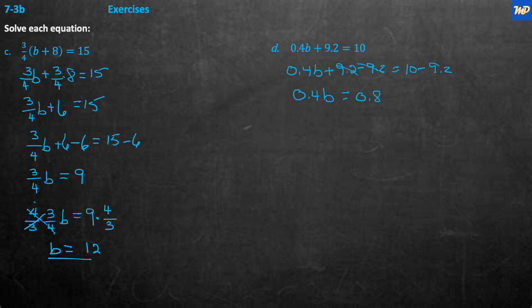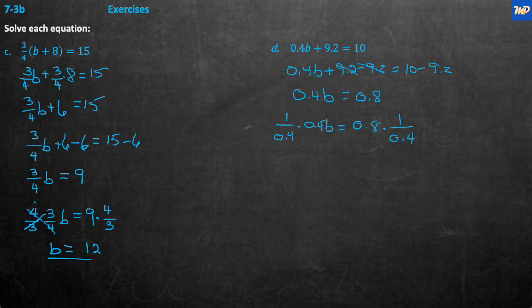Okay, so now we're going to get rid of the 0.4 associated with the B by multiplying by its inverse. The inverse of 0.4 is 1 over 0.4. So 0.4B is equal to 0.8 times 1 over 0.4.